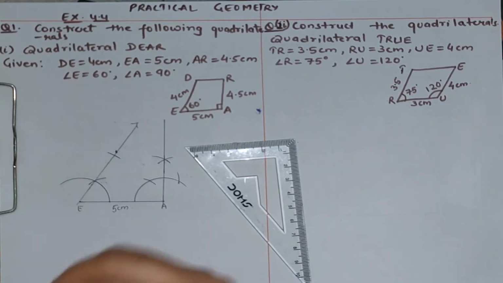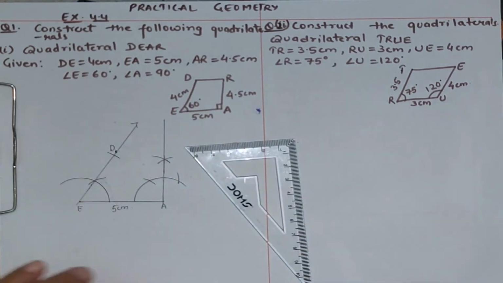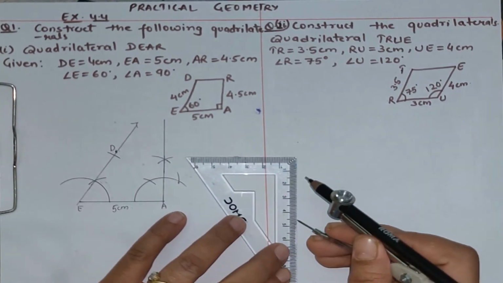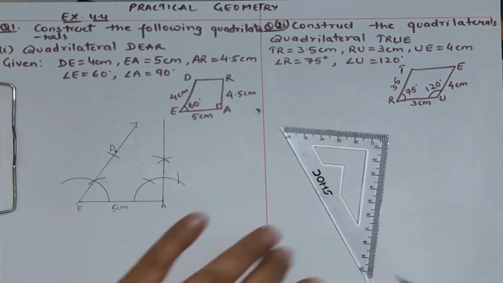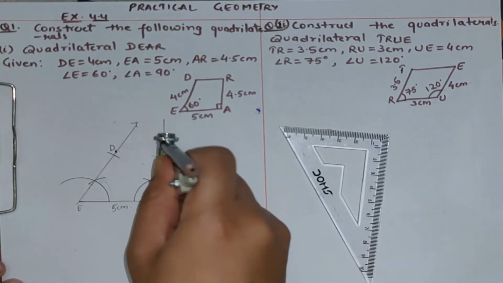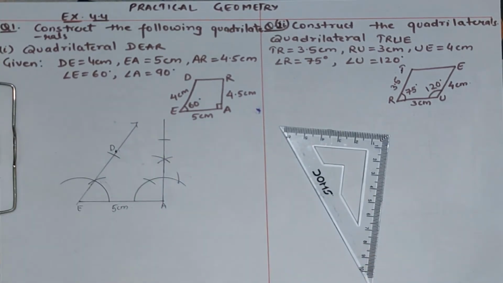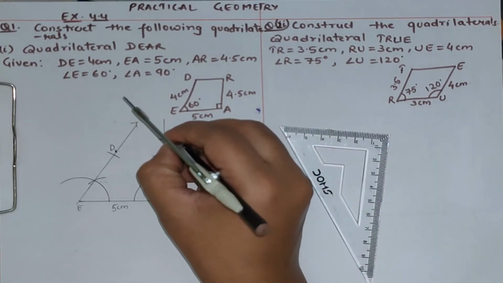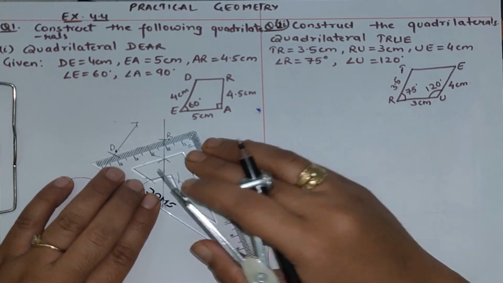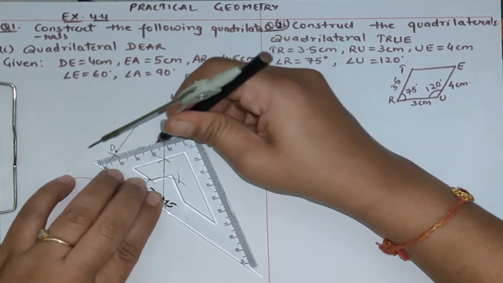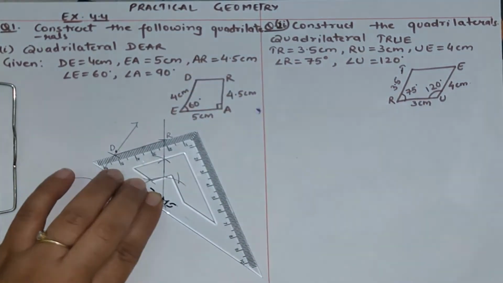You will be getting point D. Similarly, take an arc of 4.5 with the help of scale and pencil, and you will get another arc on putting the pointer on A, and this is your point R. In this way you have got your 2 other points. Join them and you will get DR.